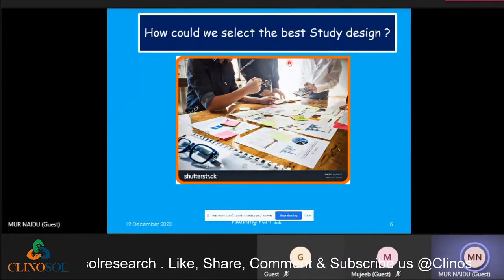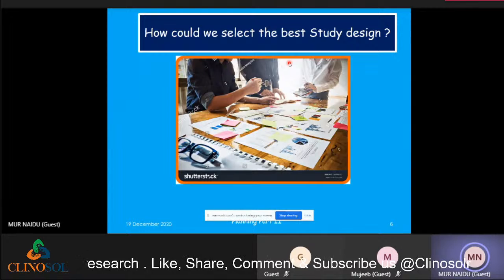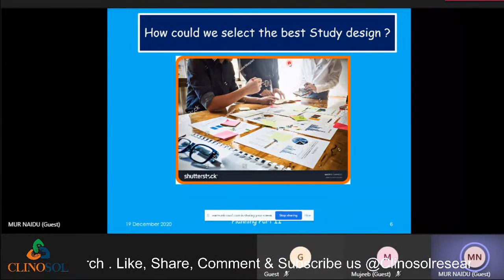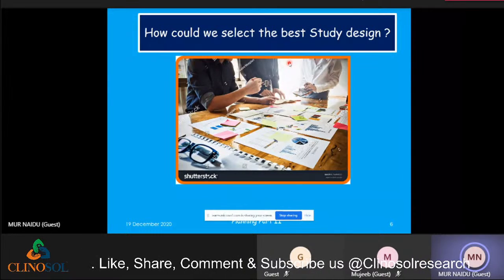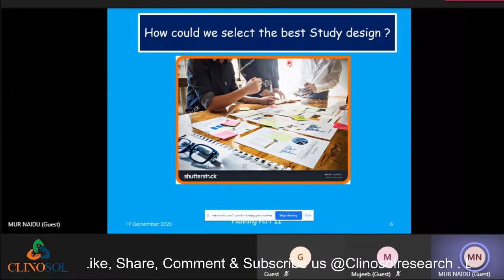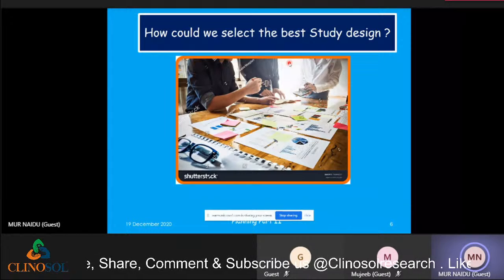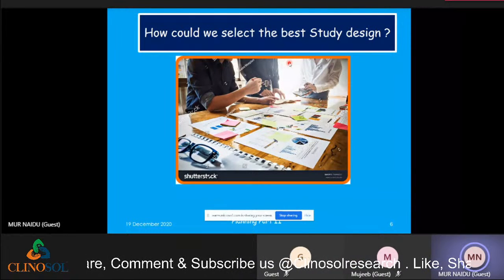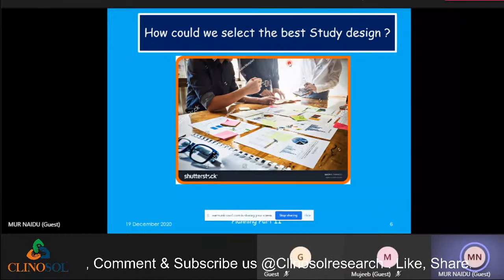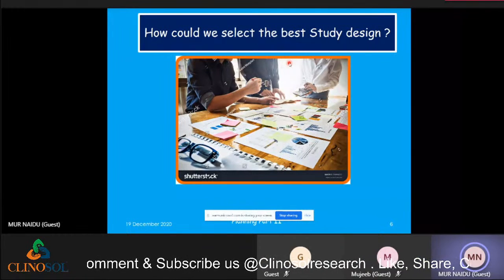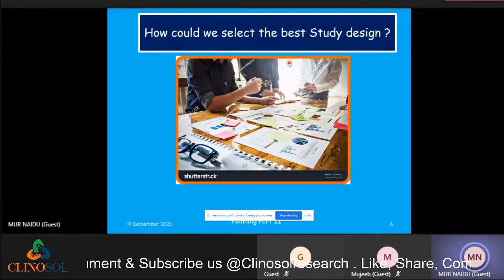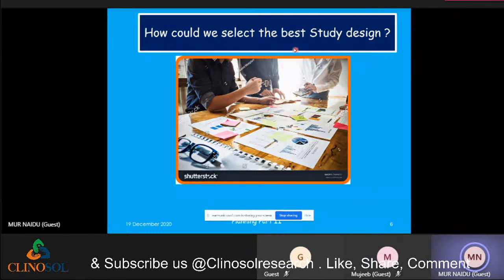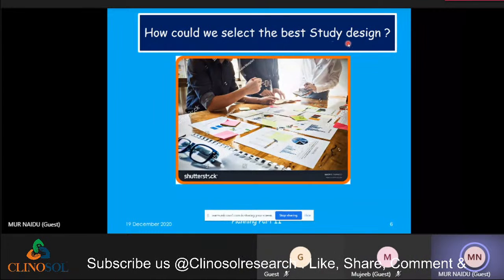Now, it's a very important thing that you should clearly understand and select the best study design. When you are looking into your protocol, you can find out that it can be done by various methods. But one should be very careful and at least should know what the factors are, what the influences are, and what ways I could use to get the best study design.